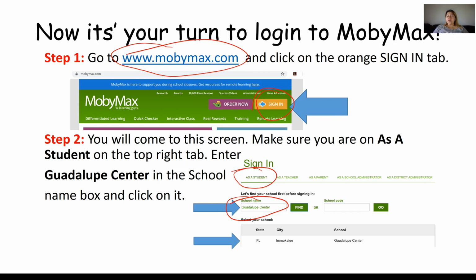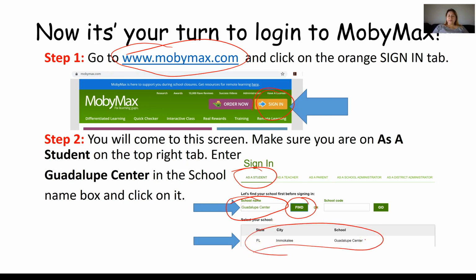If you need help spelling Guadalupe or Center, you can ask your parents to write it for you on a piece of paper, or maybe they can type it in for you. But remember, it's very important that you leave a finger space. Okay? And once that comes up, you are going to click on this green find box, and then you will see that Guadalupe is going to come up.